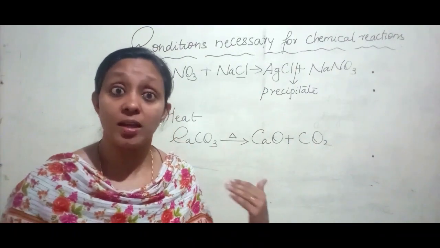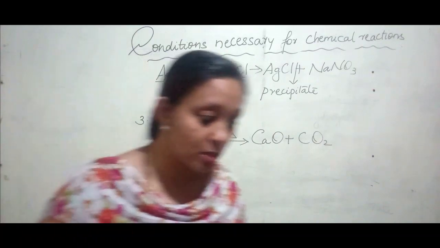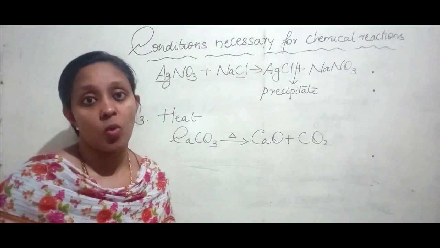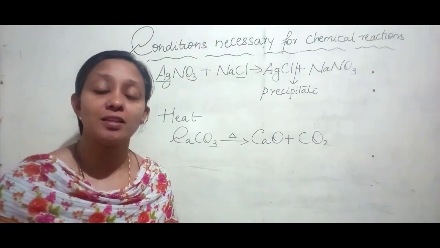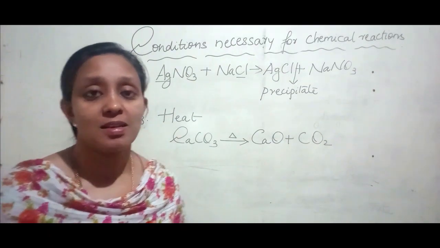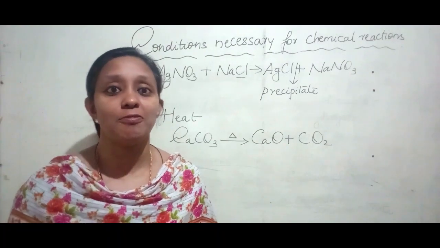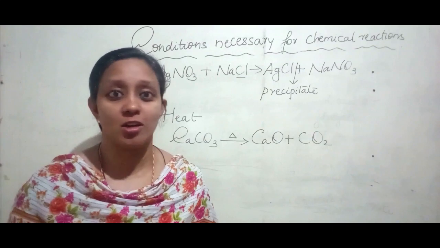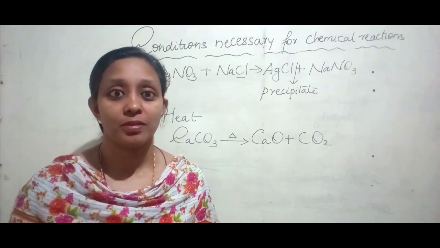Have you followed where these conditions are used? Now, one more chemical reaction I'll tell you where heating is required. We have already learned that iron filings, when mixed with sulfur powder, simply remain as a mixture. I hope you remember it, isn't it?